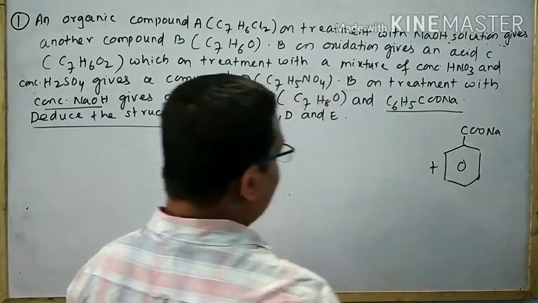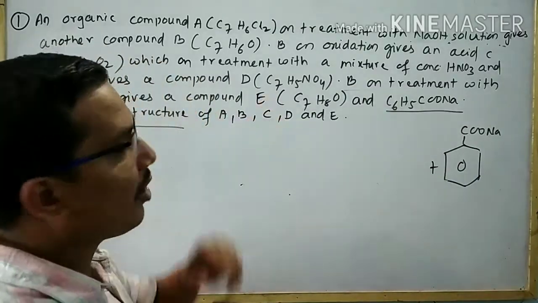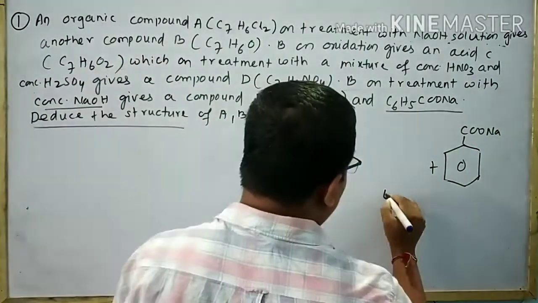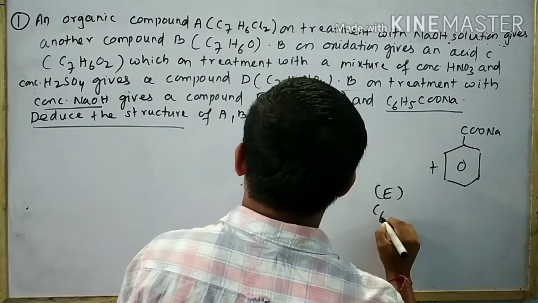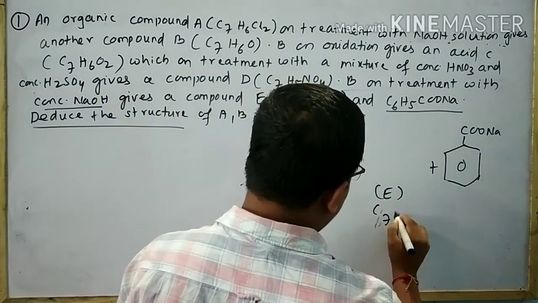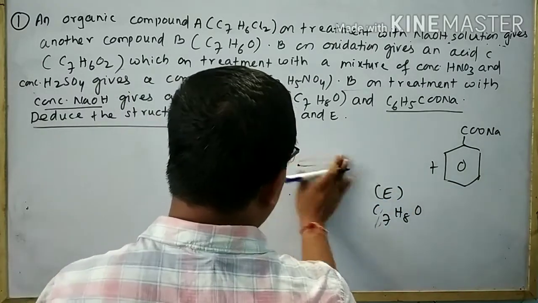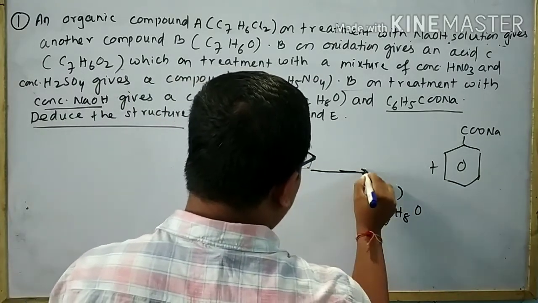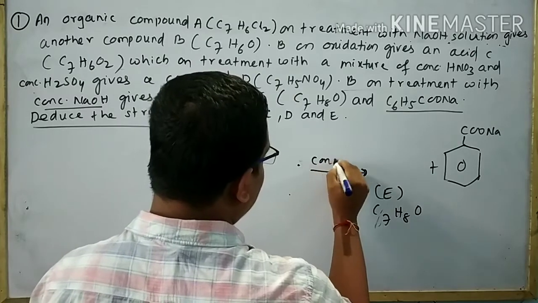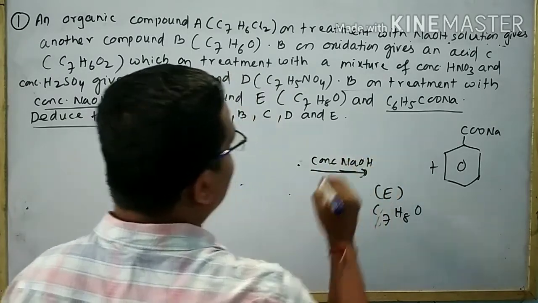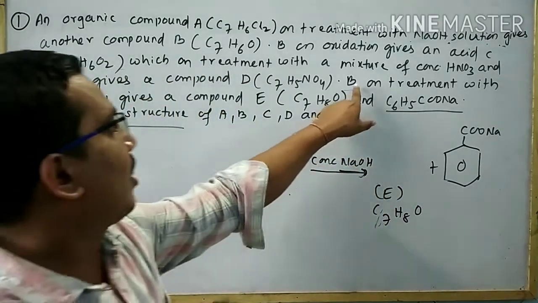And it is also given that E product is obtained and having formula C7H8O, and these two products can be obtained by the reaction of concentrated NaOH with the B product.